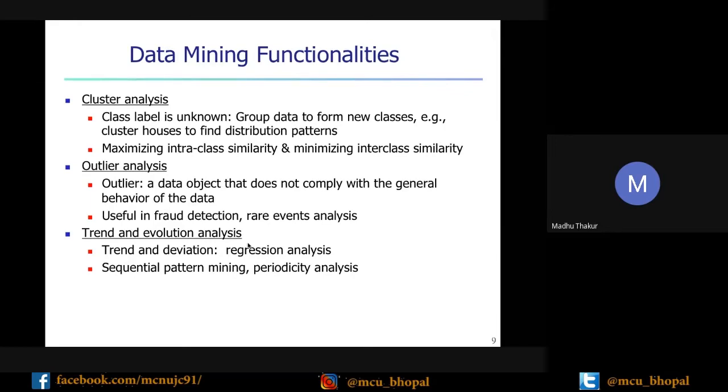This is the sequence. But if we observe that the sequence is changing due to different customer behavior, the business people will immediately target what the reason behind it is. So that is the change in a trend, and that is trend analysis.